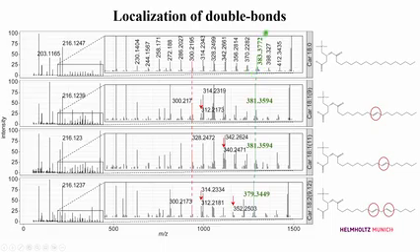Here we highlighted with the green line some of the most important fragments, which is the loss of carbon dioxide, shown by fragment 383 for the carnitine without double bonds, 381 for the one with one double bond, and 379 for two. This is always the loss of CO2. We observed this in all of our analyses, and it's hard to detect because it overlaps with the EAD spectra, but it's always there. Probably the most interesting part is how we localize the double bond.